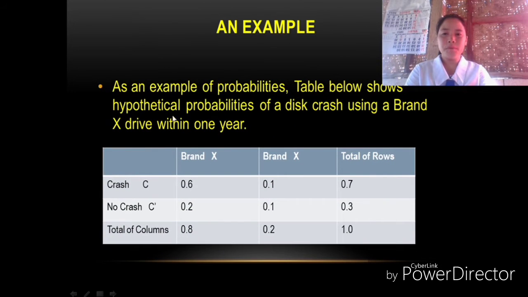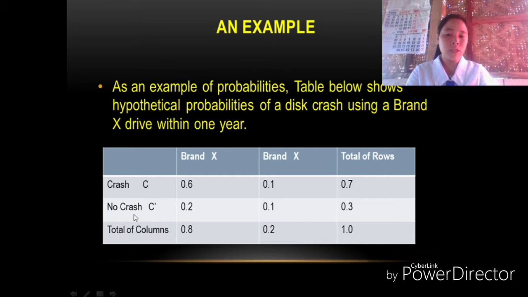Natay example. As an example of probabilities, table below shows hypothetical probabilities of a disk crash using a brand X derived within 1 year. So, ang brand X of brand X atong ipang-add. Crash C: 0.6 plus 0.1 equals 0.7. So, mao na ang iyang total of rows kay 0.7.